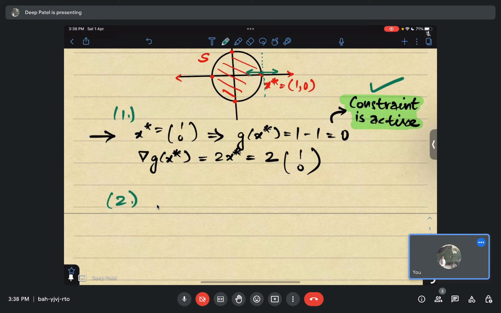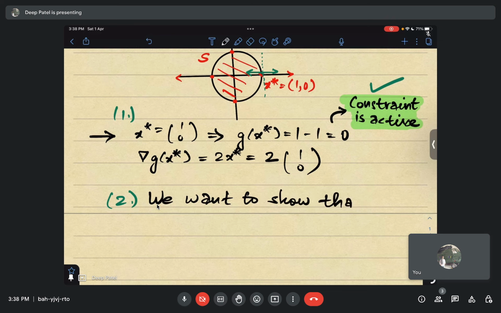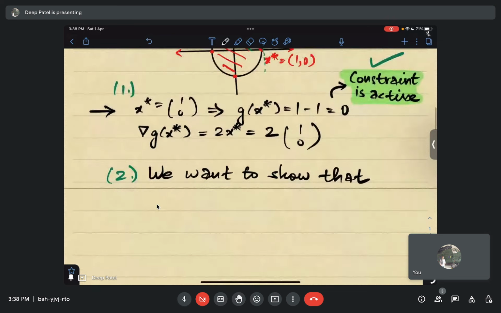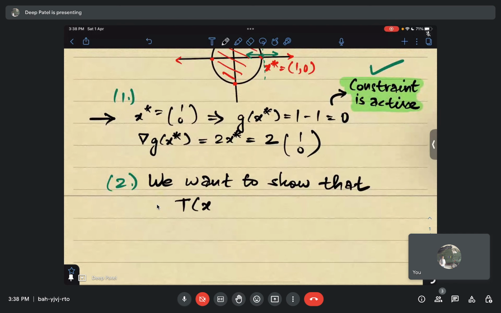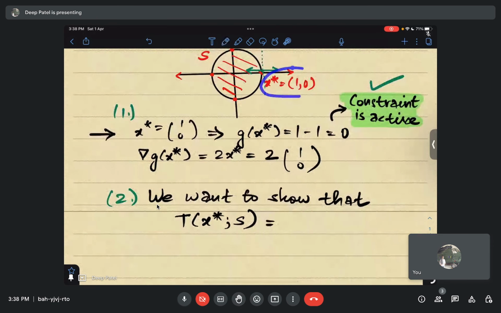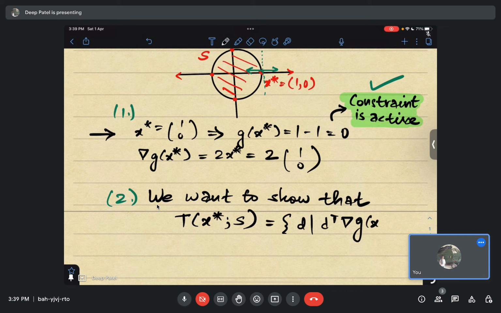Step 2 is, we want to show that the tangent cone at this point x star (1, 0) is nothing but all the directions d such that d transpose gradient g of x star is less than or equal to 0.